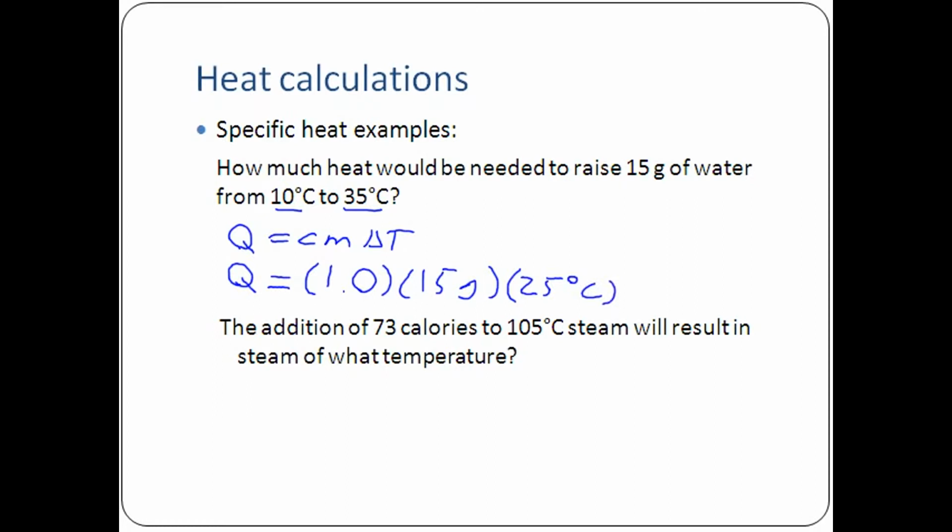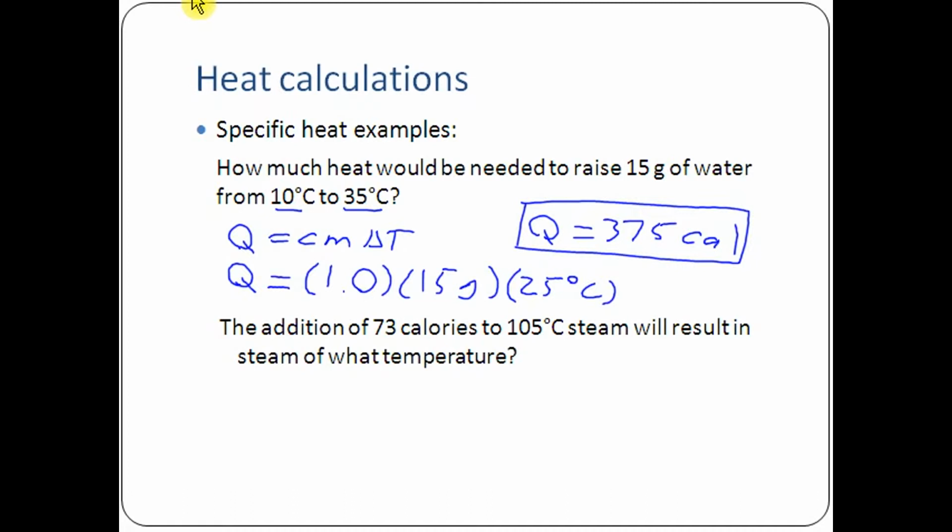So get out the calculators, and you say 25 times 15 times 1.0, and you get 375. So Q, the amount of heat, is equal to 375 calories, and that's going to be our final answer. So it takes 375 calories to heat 15 grams of water from 10 degrees to 35 degrees.